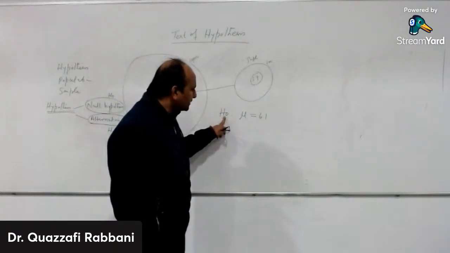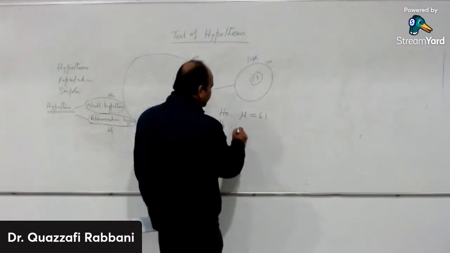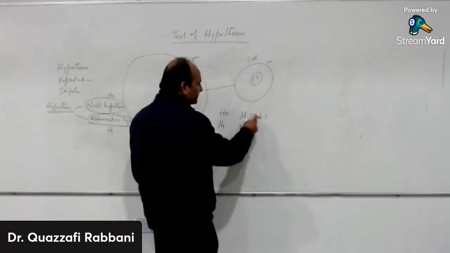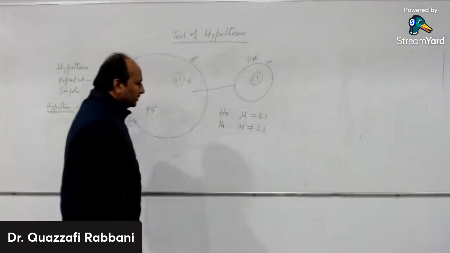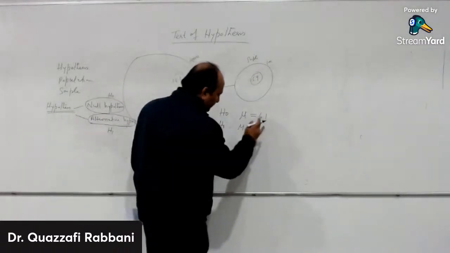This is the null hypothesis. Alternative hypothesis means there is a difference: mu is not equal to 6.1. So either one will be true.